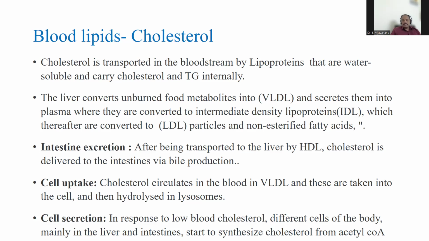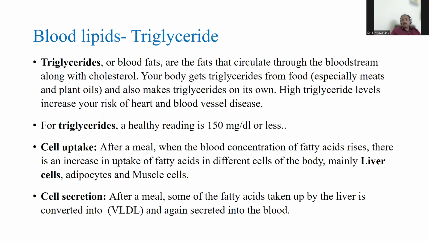When you talk about cell secretion, in response to low blood cholesterol, different cells of the body, mainly in the liver and intestine, start to synthesize cholesterol from acetyl-CoA. We know acetyl-CoA is the starting substrate for cholesterol biosynthesis. So among blood lipids, cholesterol is the predominant one, and the next predominant one is triglycerides.